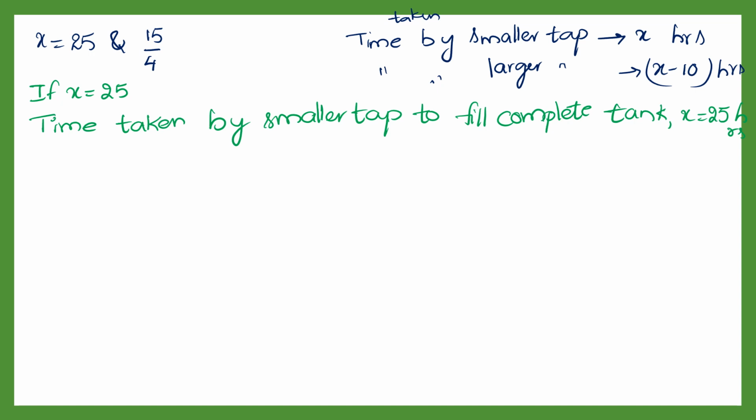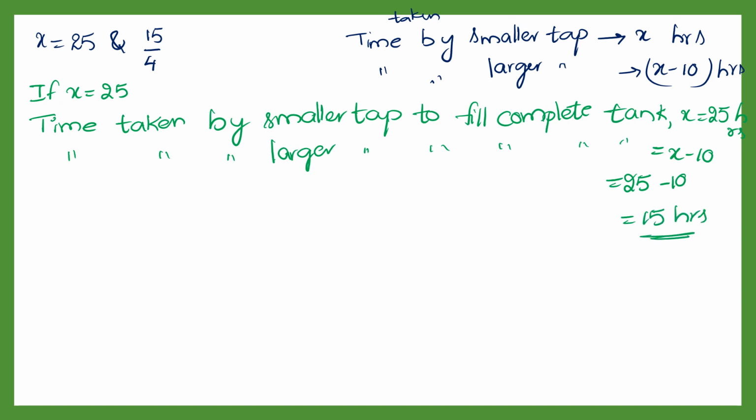Now time taken by the larger tap to fill the complete tank is what? x minus 10 hours. So 25 minus 10 is equal to 15 hours. So these are one set of answers. 25 hours by the smaller tap and the larger tap takes 15 hours.